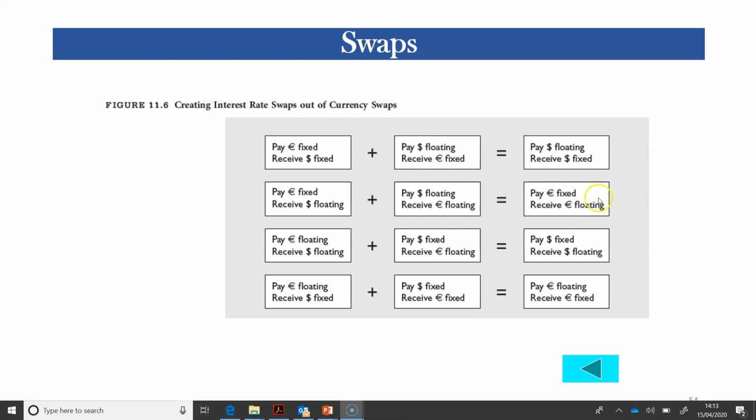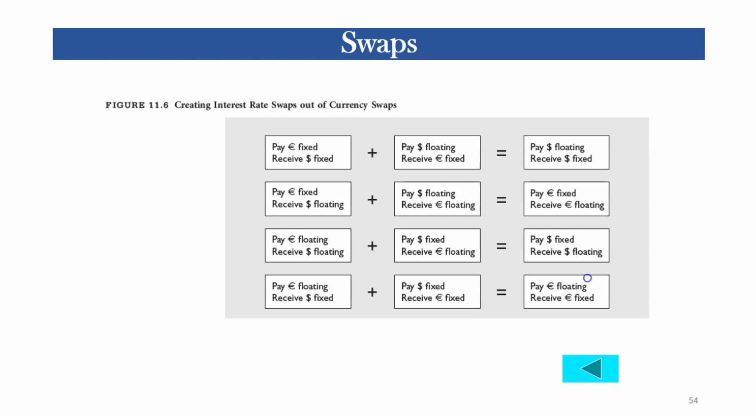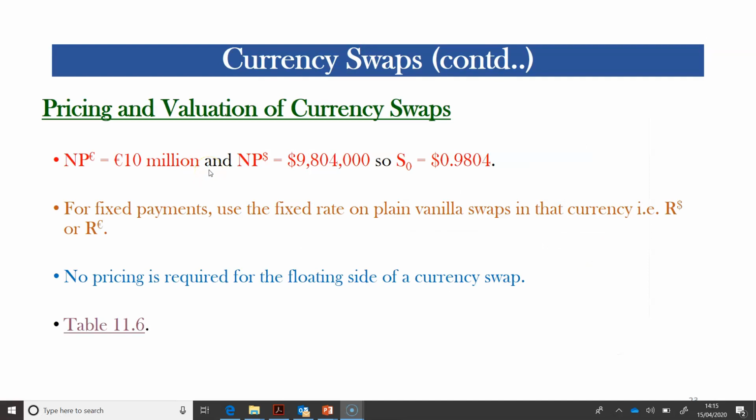Similarly, other interest rate swaps can be created by combining different currency swaps. Therefore, currency swaps can be used to change the nature of cash flows and hence manage or get a specific currency risk exposure.